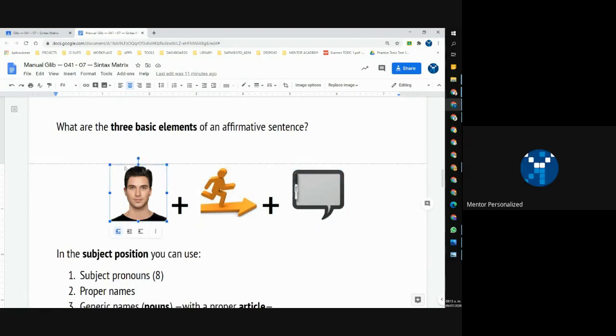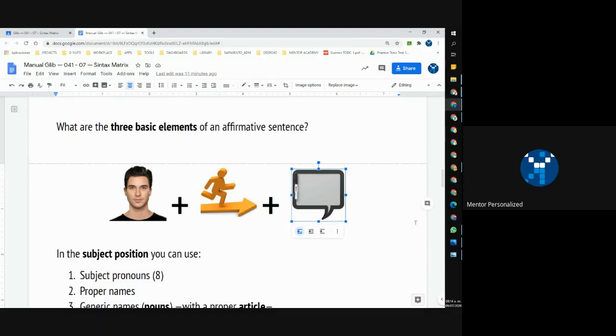So in this case, the subject is an action. Okay? How do you say fumar es malo para la salud? Smoking is bad for your health. Very good. Smoking is bad for your health.